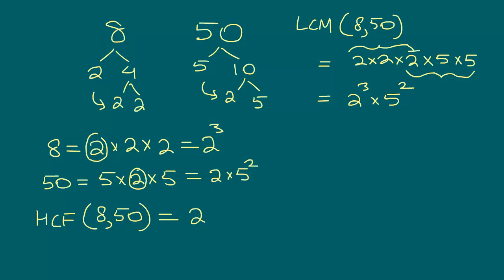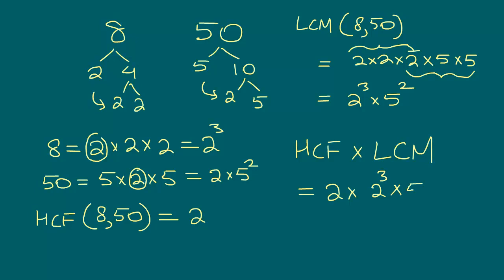Now just for fun, if we find HCF times LCM, what do we see? HCF is 2 times LCM, which is 2 cubed times 5 squared. We can take one 2 over here, and then we are left with 2 twos, and here 5 squared.